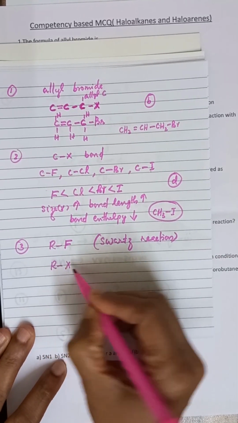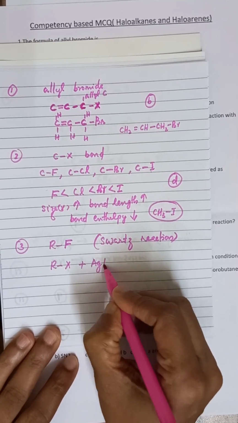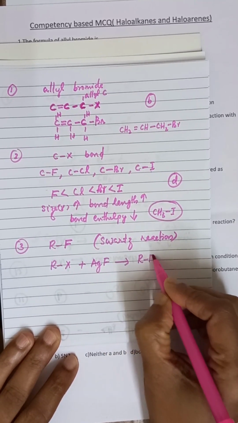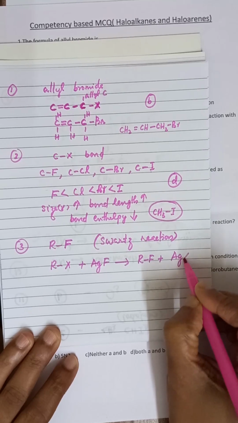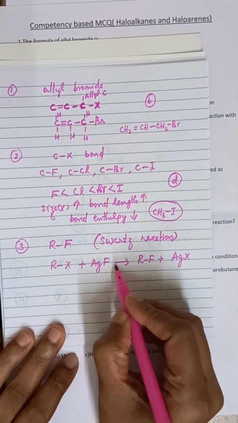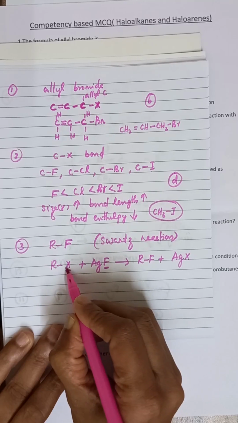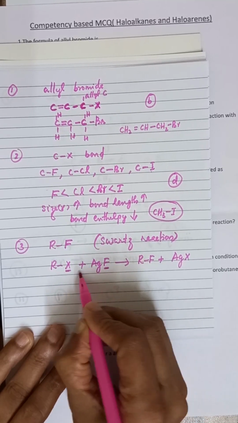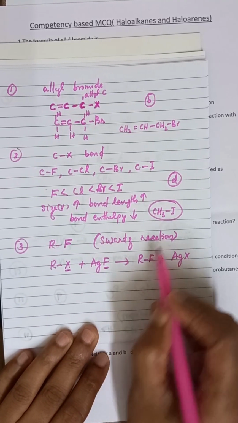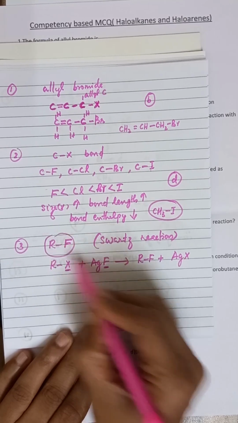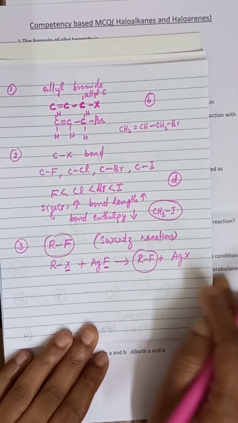We can write the preparation: RX plus AgF gives RF plus AgX. So this is a halogen exchange reaction. So X and F, that means halogen exchange takes place here. So this is a Swarts reaction, and RF, so alkyl fluorides are prepared in this case.